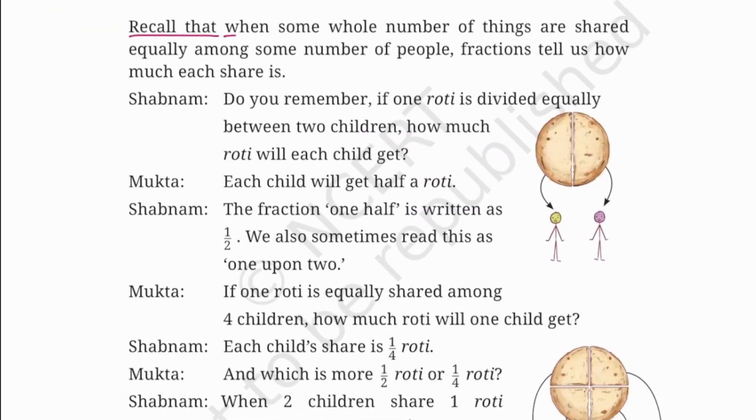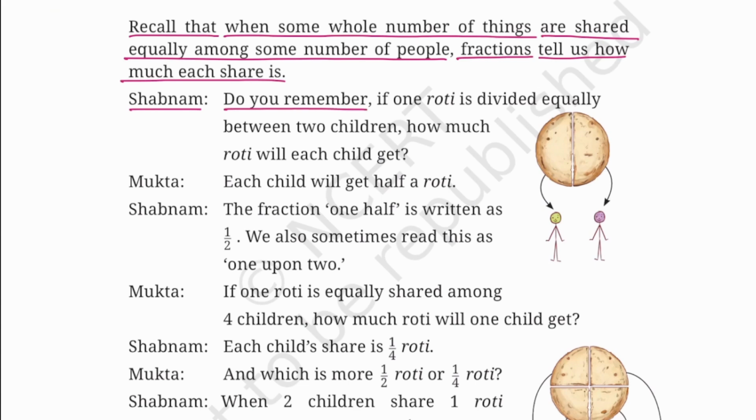Recall that when some whole number of things are shared equally among some number of people, fractions tell us how much each share is. Do you remember, if one roti is divided equally between two children, how much roti will each child get?